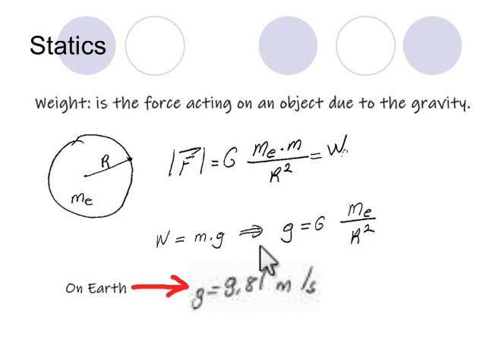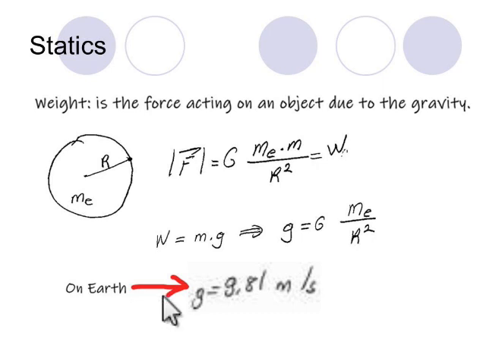And we say that weight is equal to mass times gravitational acceleration. Therefore, we can easily calculate the gravitational acceleration, which is denoted by g. g is equal to the universal constant of attraction multiplied by the mass of the celestial object divided by the square of the radius of the celestial object.